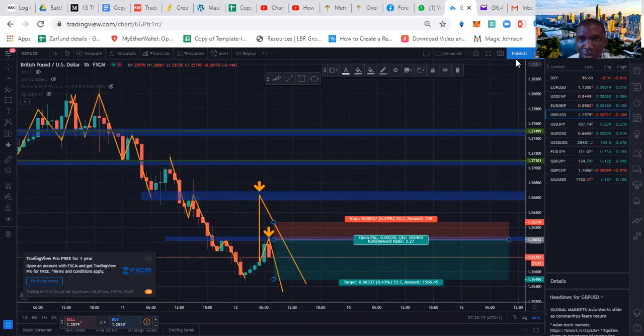So this is GBP USD. Okay, price. This one is going to be a sell limit.